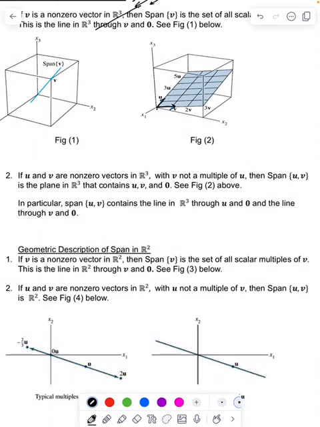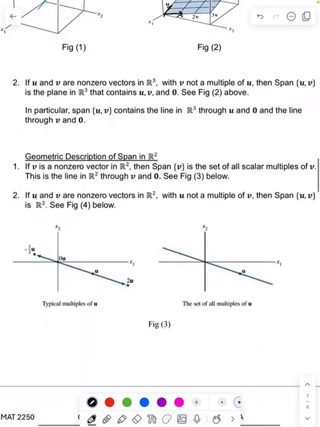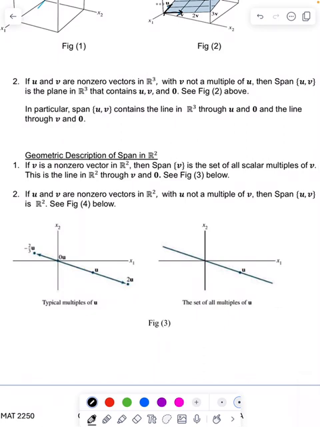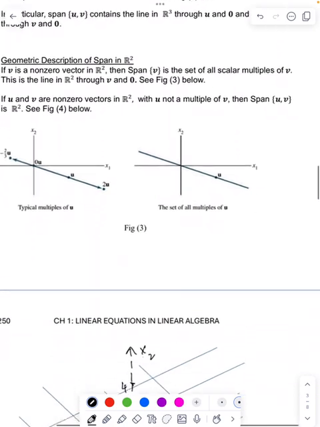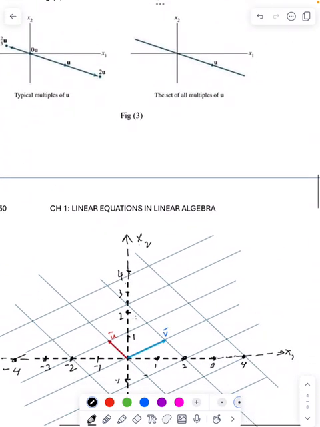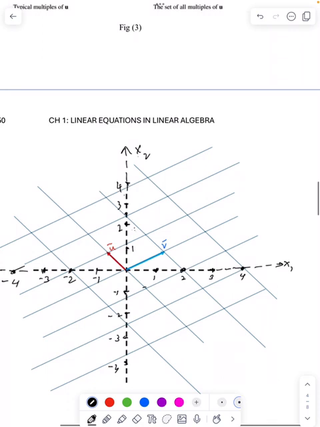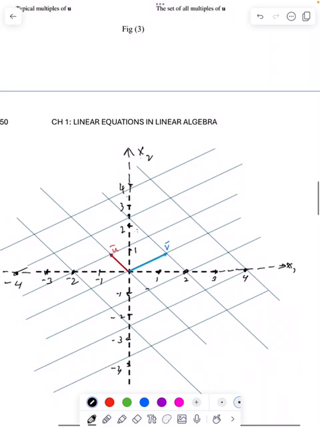Now what about if we have two vectors in R2? Well, if they are not multiples of each other, then, you remember, that would be the span of one vector. But if we have two vectors which are not multiples of each other, then actually they give us R2. They will span R2. So for example here, this is our usual coordinate system.